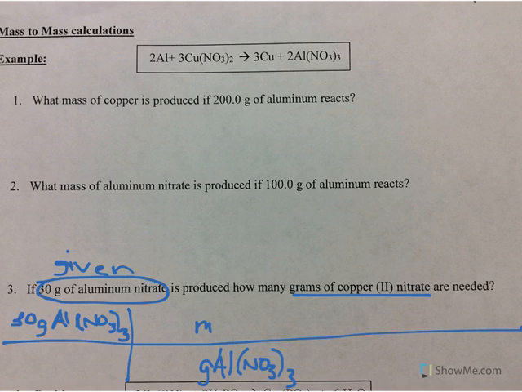Okay, and remember the only place to go from grams is to moles, so we're going to do moles of Al(NO3)3. Oops, that's a 3. Okay. Now I don't want aluminum nitrate, I want copper nitrate, so I'm going to move from moles of Al(NO3)3 to moles of Cu(NO3)2.